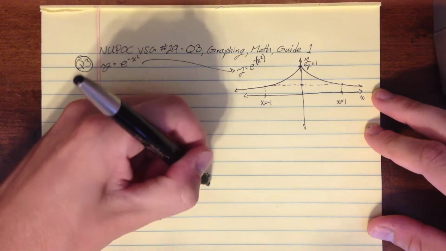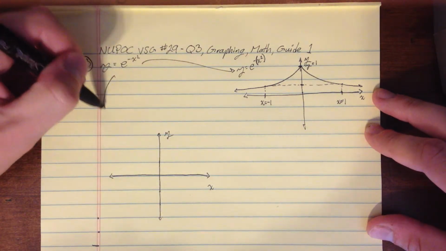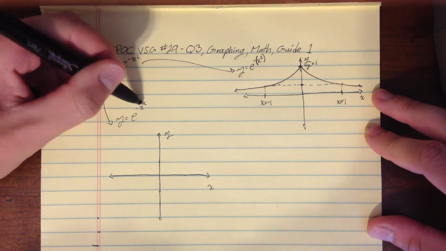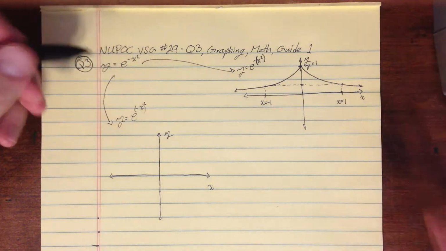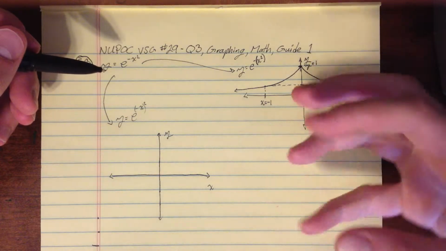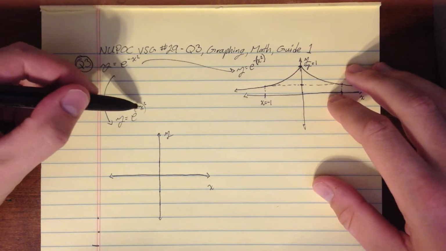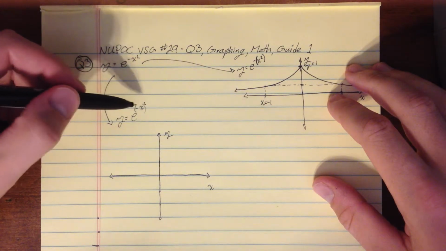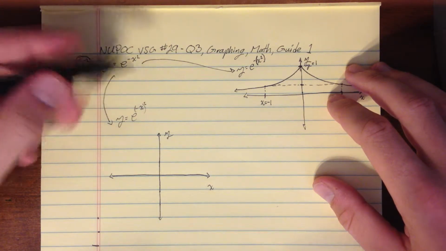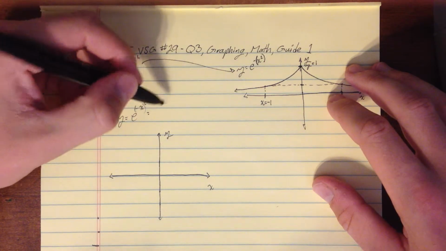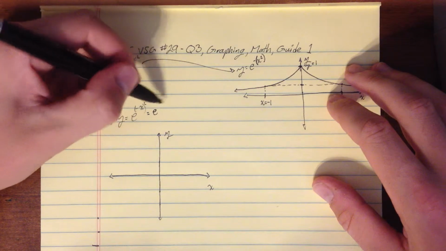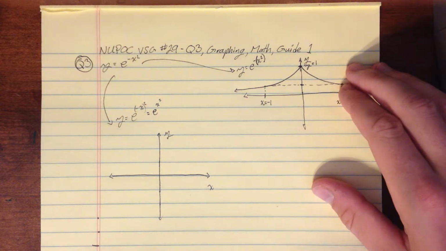So if we said this was y equals e to the minus x, quantity squared, you can already see why it doesn't make sense to interpret the problem this way. Because if we put the minus with the x, and then we square it, well, this minus is just going to go away, like we just talked about. So this is really the same thing as saying e to the x squared.